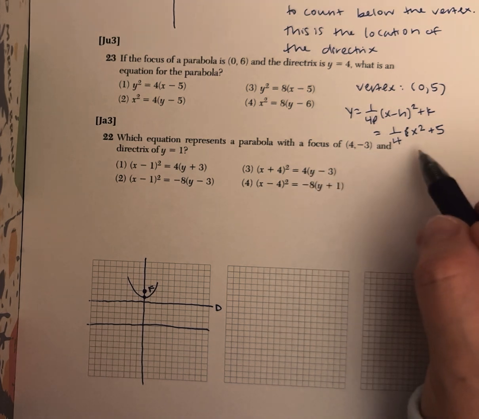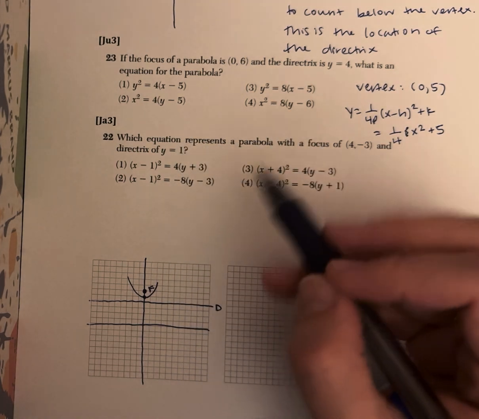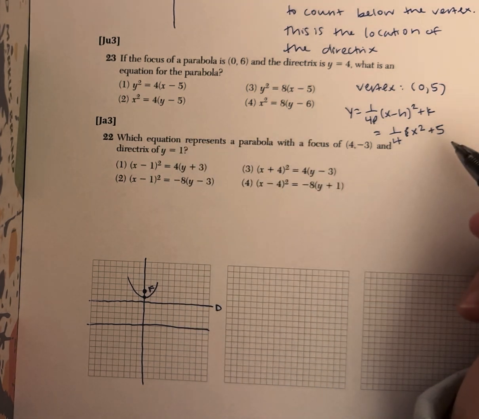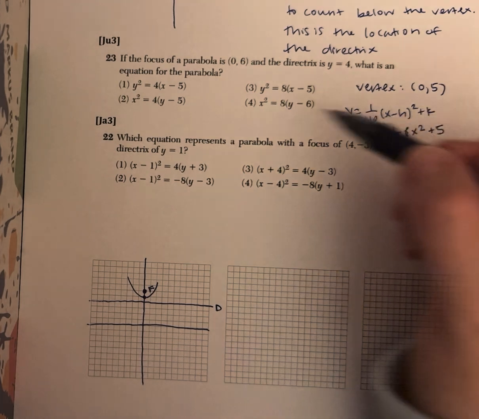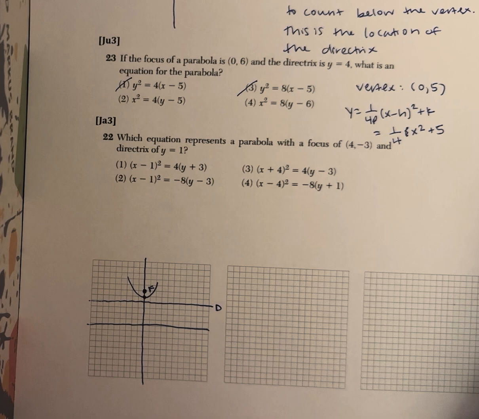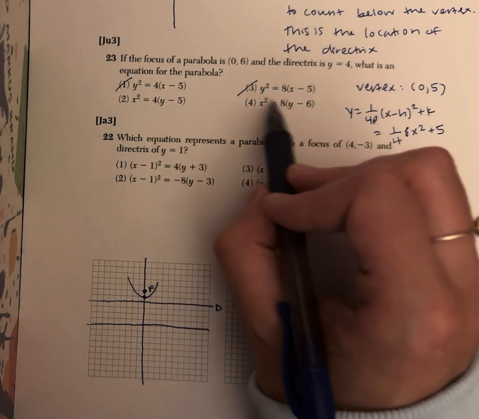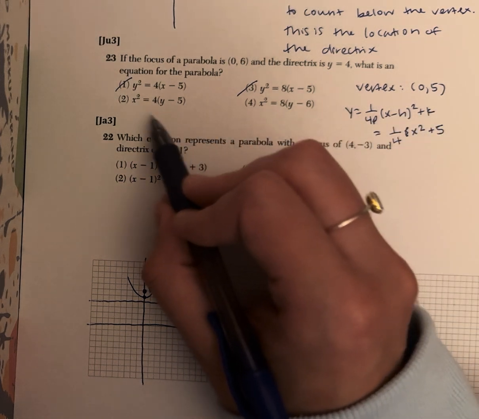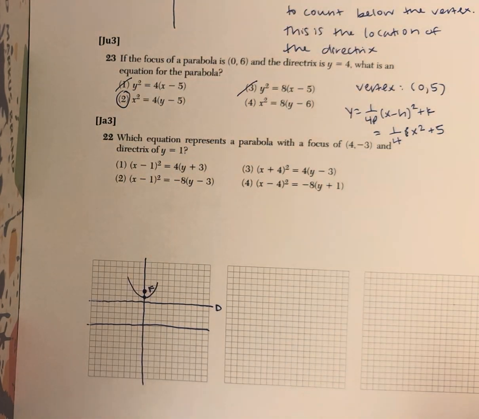Now none of these are written in the exact same format, like things have been moved around and we would have to solve, but there's enough information for me to not have to do all of that. In this one, the x is being squared, so it's not 1 or 3 because those ones have the y being squared. And in this one, the coefficient is 1/4. So I want a coefficient, I know this is not right, I could divide by 4 and then I would have a 1/4. So I want option 2 to create that 1/4.